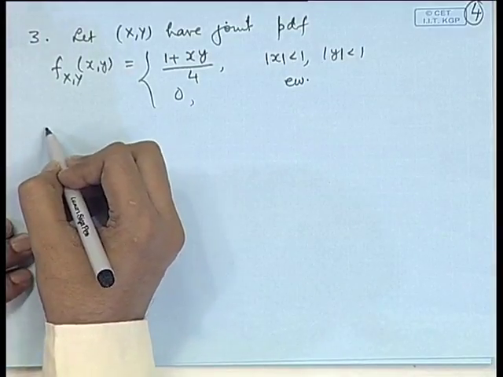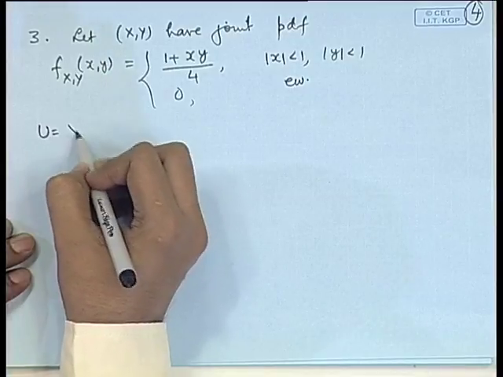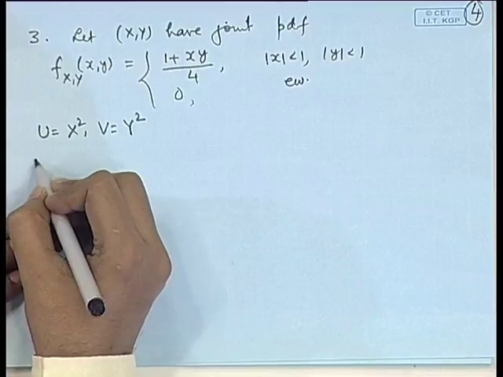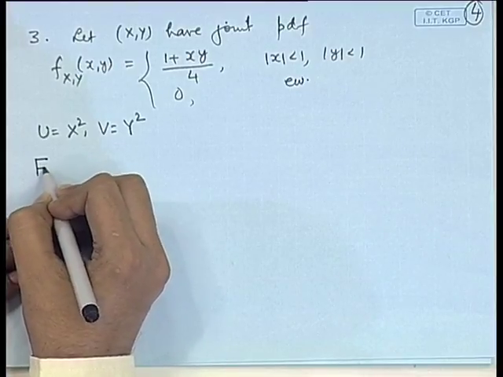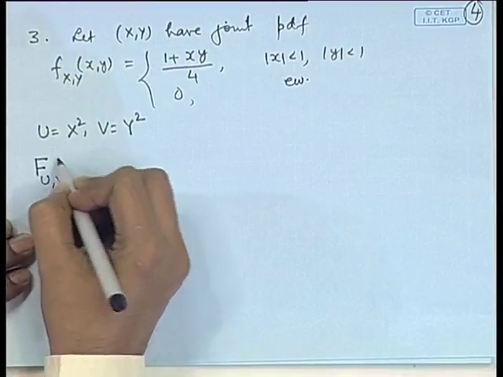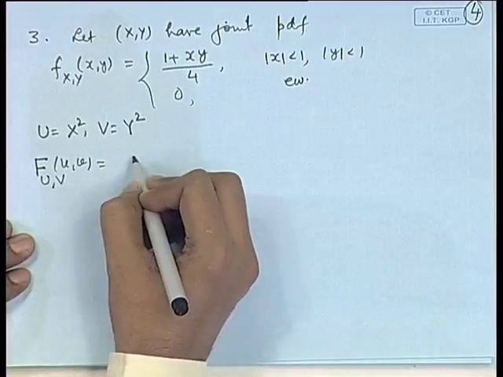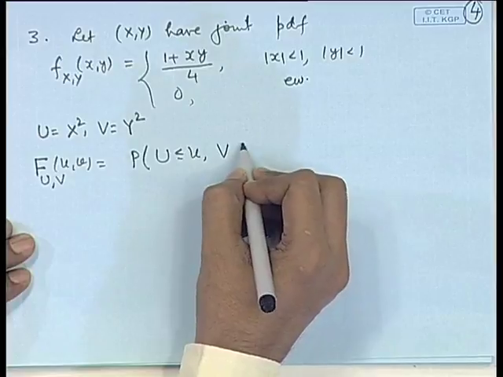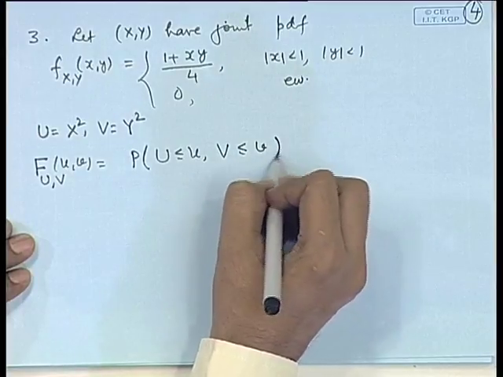So, we want, say, the distribution of u is equal to x square and v is equal to y square. Let us consider, say, CDF of u and v, that is probability of u less than or equal to small u, v less than or equal to small v.